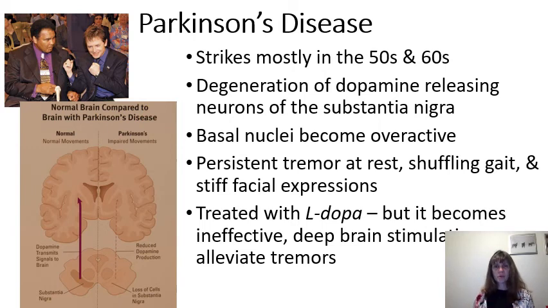So people with Parkinson's disease have persistent tremors while they're resting. They call that a resting tremor. You might see a shuffling gait where they try to start walking and it's like they're stuck. And they also have very stiff facial expressions.